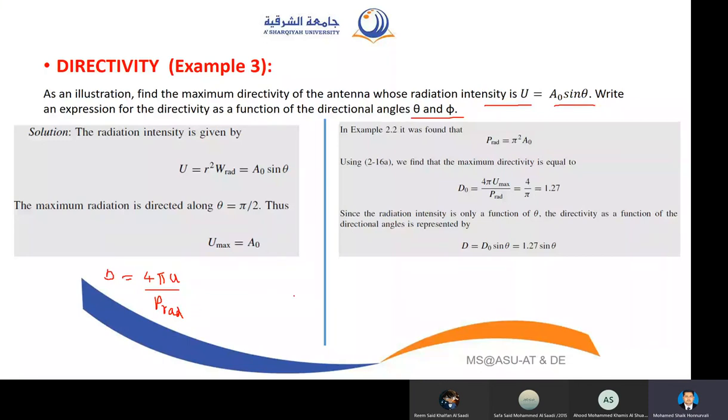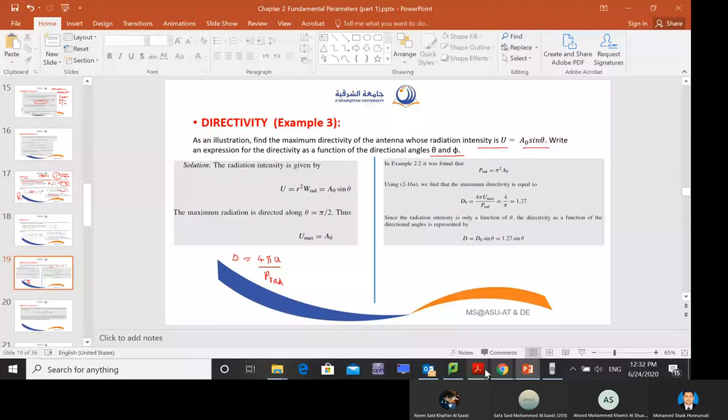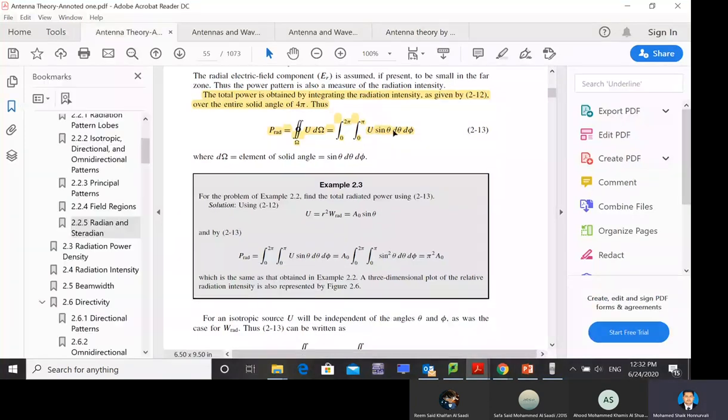Total power radiated can be calculated by this equation. This is how you can calculate total radiated power.